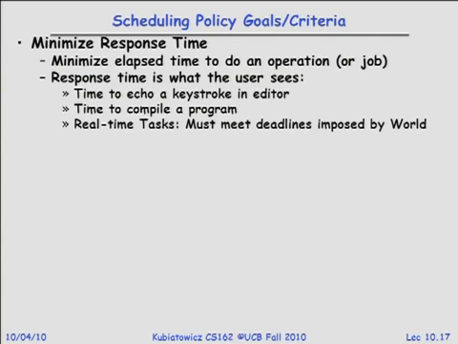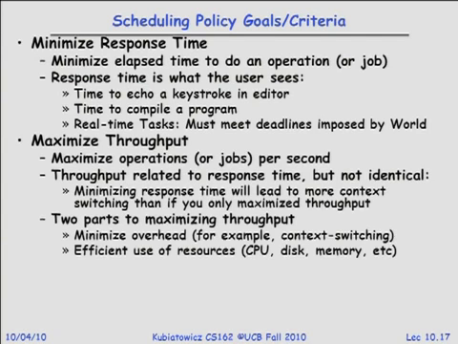How about maximizing throughput? This is a different scenario where we want to make sure we use every cycle we've got because we're computing something like chess. And we want to maximize the number of operations per second. And notice that there's a couple of things.